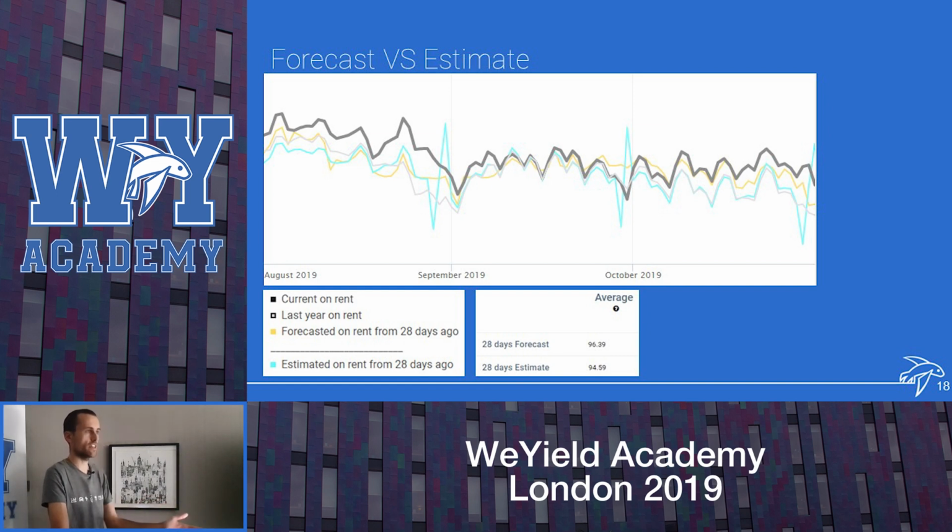So for this client, which was not you, which was not Sweden, as the business is quite regular over the year, even the estimate from 28 days ago gives a good prediction of the future. The forecast is better, at least, but even the estimate is a good prediction.